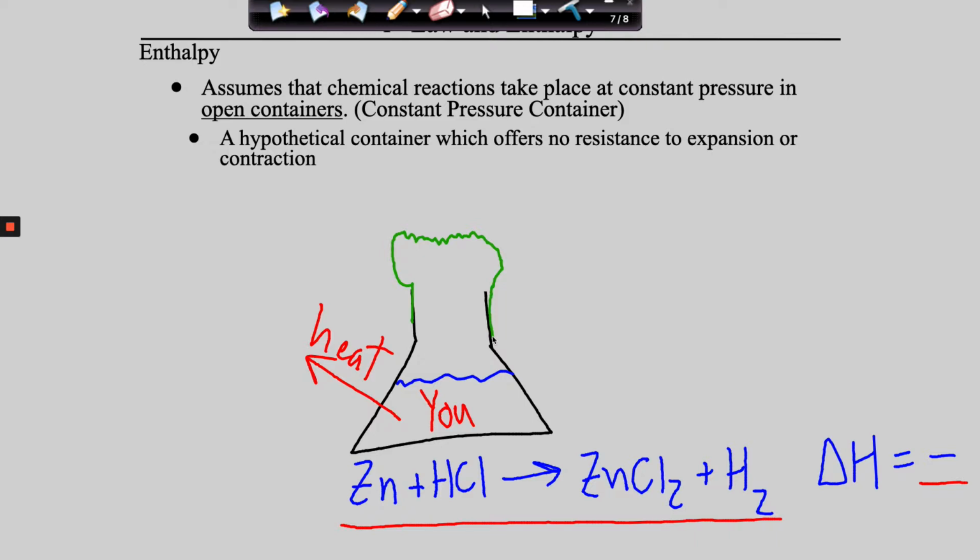Now, we understand that there's another way that energy can get in and out of this reaction, and that is heat. Well, heat's there. The other is work. So guys, remind yourselves, what two things have to be present for work to be done?